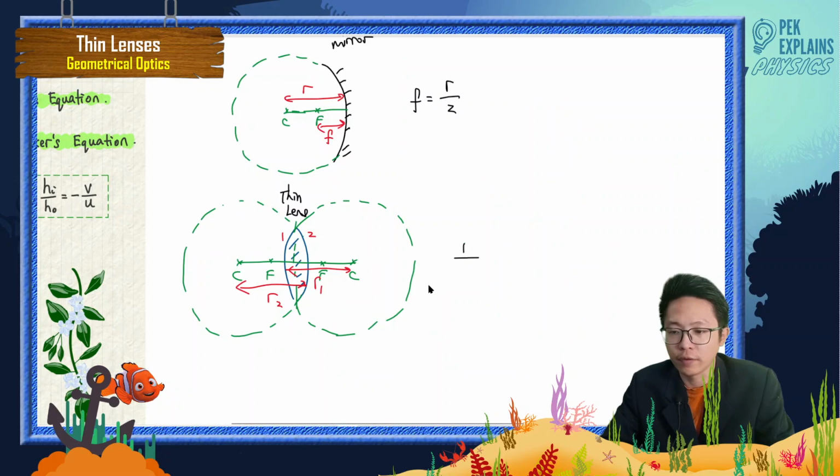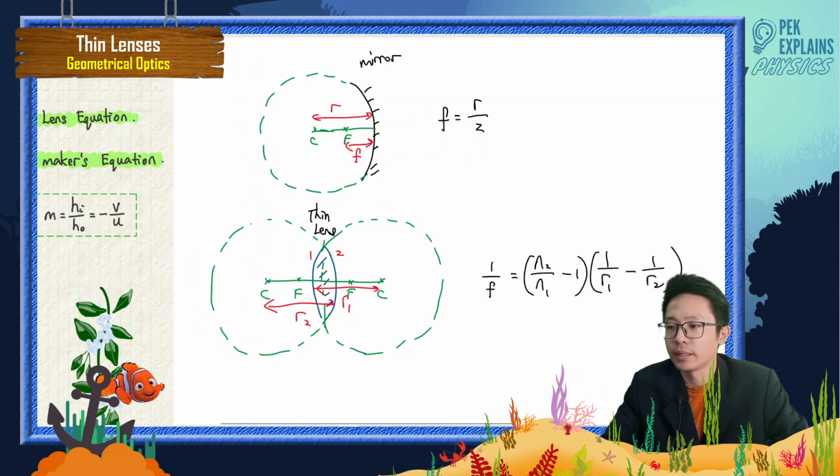Look carefully: 1/f = (n2/n1 - 1)(1/r1 - 1/r2). See that? Because it has two radii.